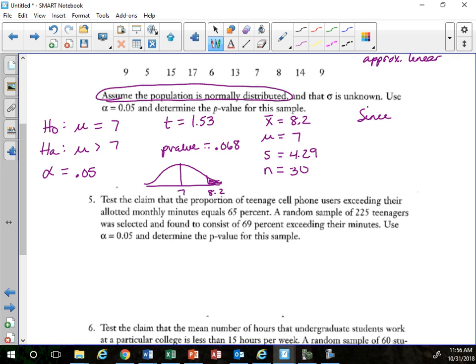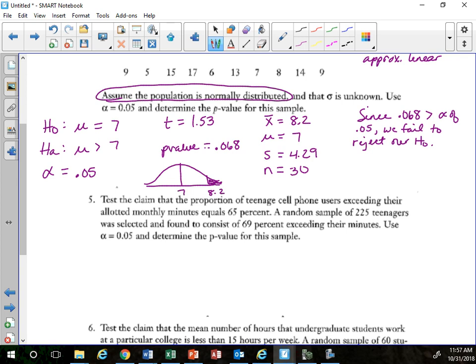So what we're going to say is, since 0.07, or 0.068, whatever you wanted to use, is greater than alpha of 0.05, we fail to reject our null hypothesis.